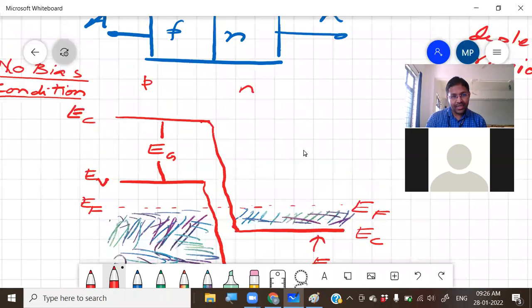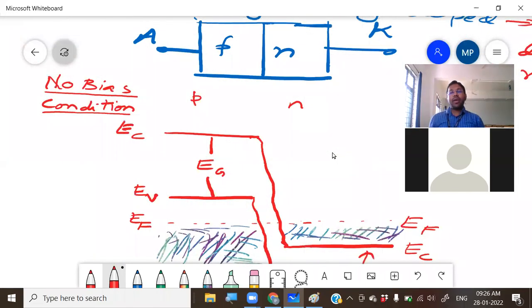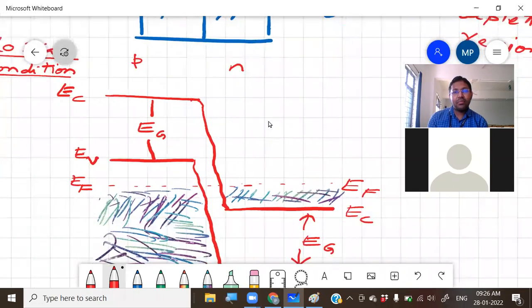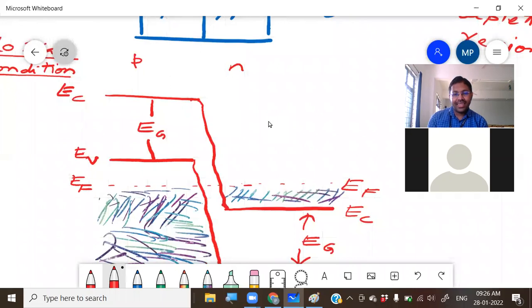So here, under no bias, when we didn't give supply, the current is zero. Current is zero means the flow of charge carriers is zero, which simply means the highest level of electrons is constant.